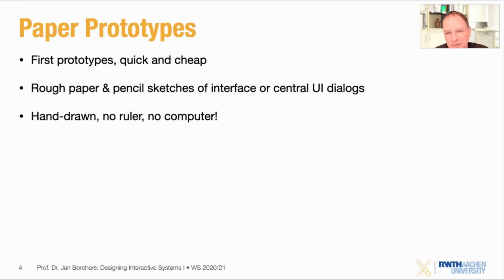This is the toughest one. Don't use your computer. What I mean with this is, don't think that Adobe Illustrator is a good sketching app. It's not, right? Illustrator is for precise drawings. You can, of course, use a tablet and a digital pencil, like Apple Pencil on an iPad works great.